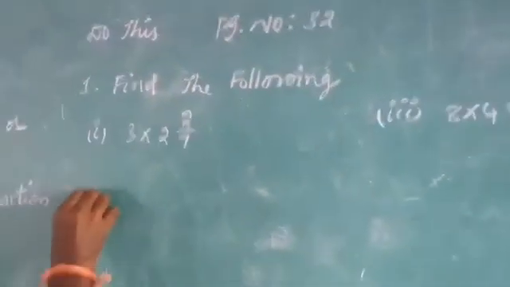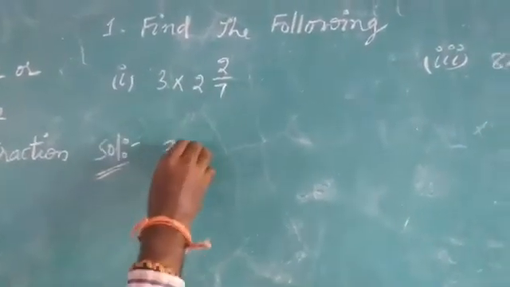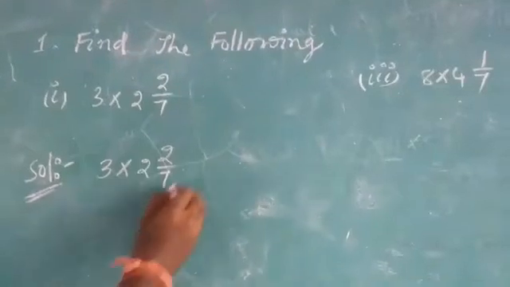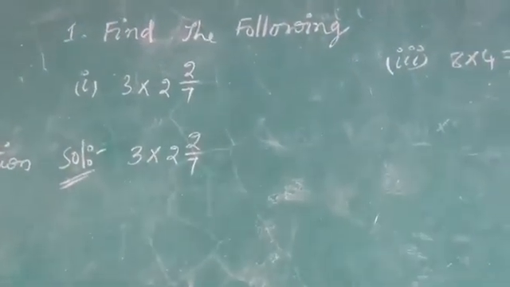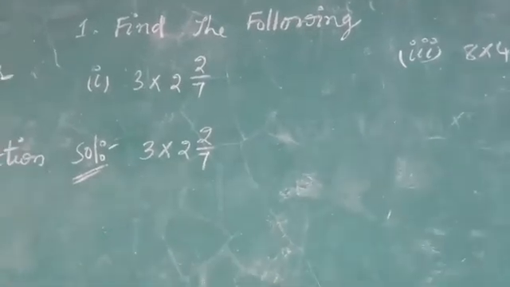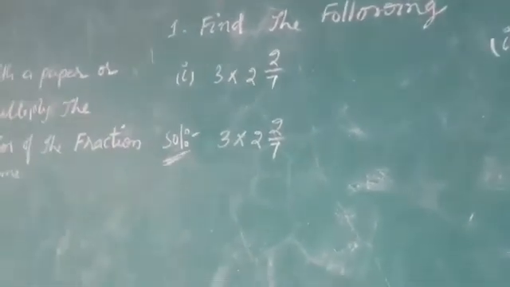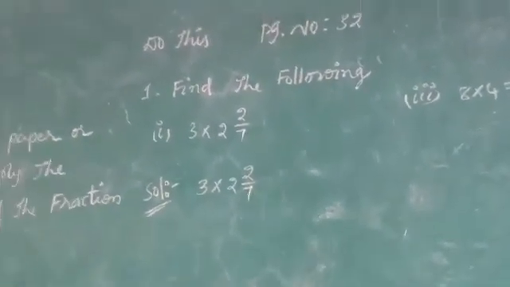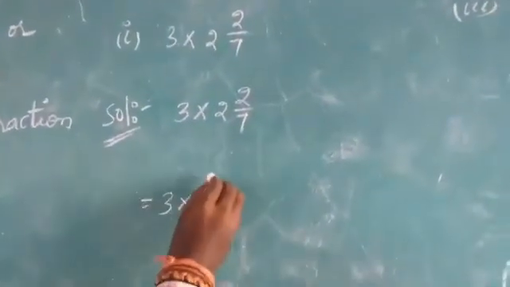Here is 3 into 2 by 7. It is a mixed fraction. How can you do that mixed fraction? The mixed fraction is different. First we need to do the calculation of that. 3 as it is, into, and I am putting a bracket.